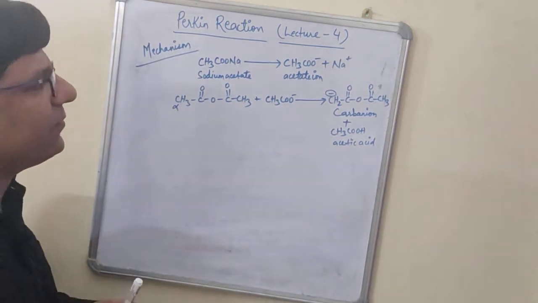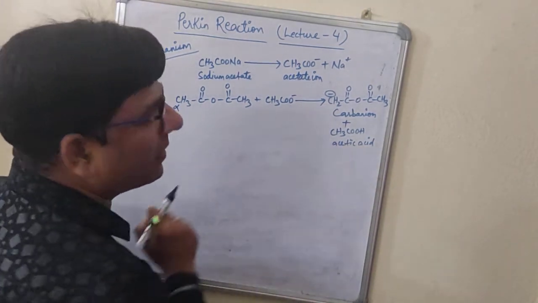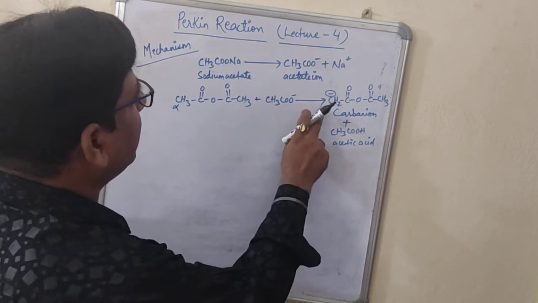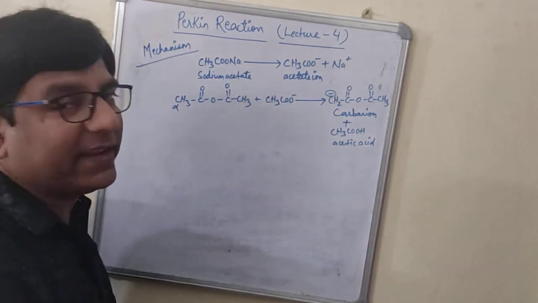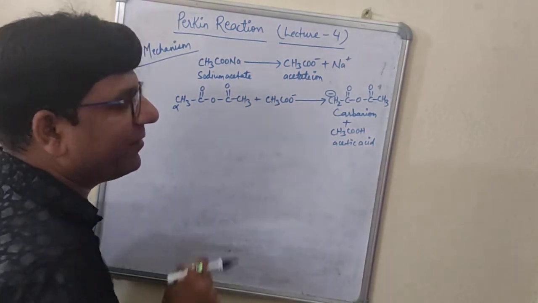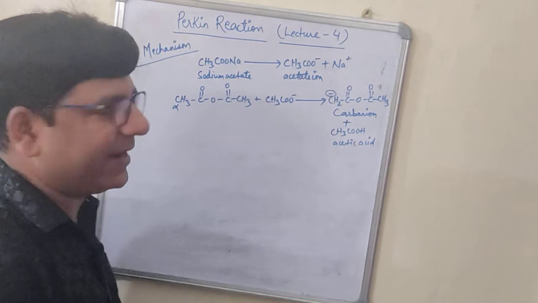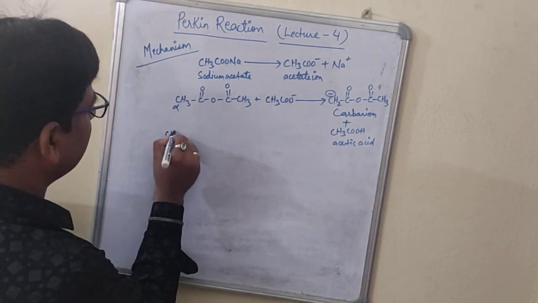Now, in the next step, what will happen? This carbanion that has been formed will react with the substrate, the aromatic aldehyde, that is, the benzaldehyde we have taken as a substrate. Let us see how it will react.